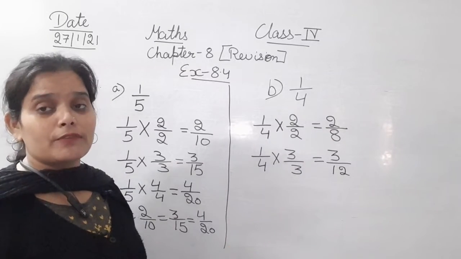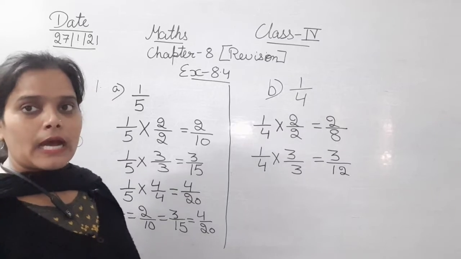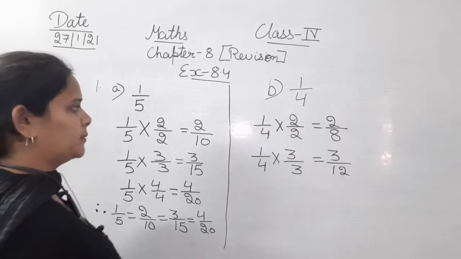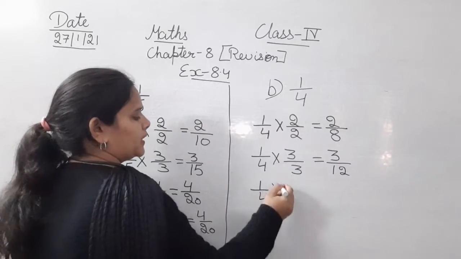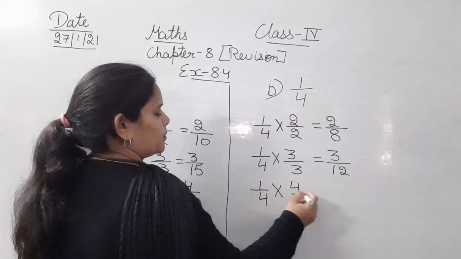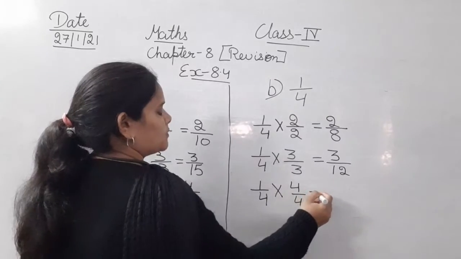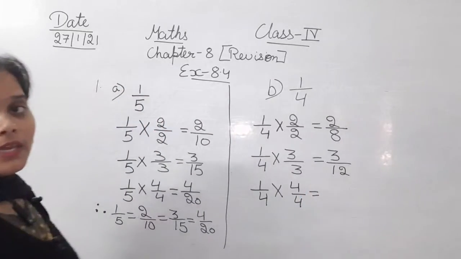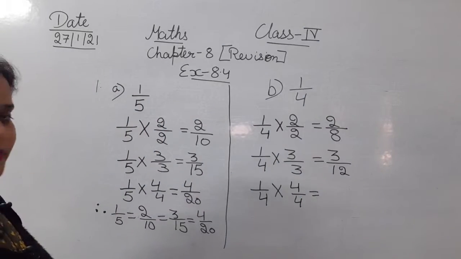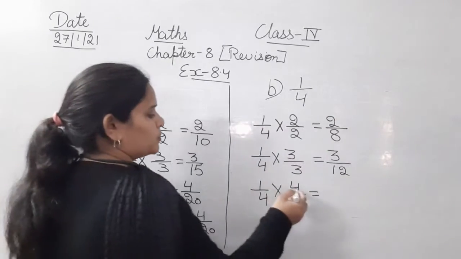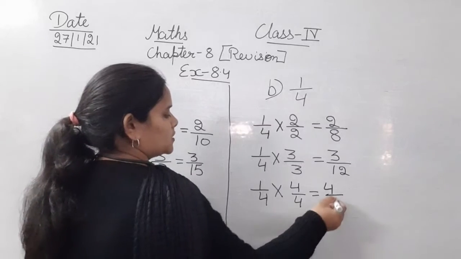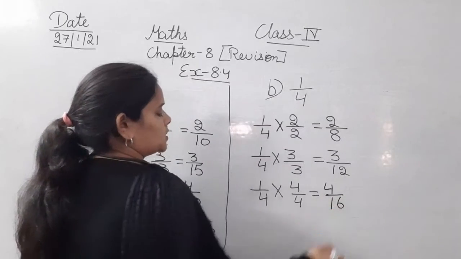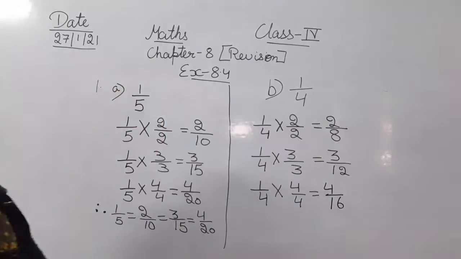Now next we have to find the third equivalent fraction. Okay, so that is 1 upon 4 multiply by 4 upon 4. 1 4s are 4, 4 4s are 16.